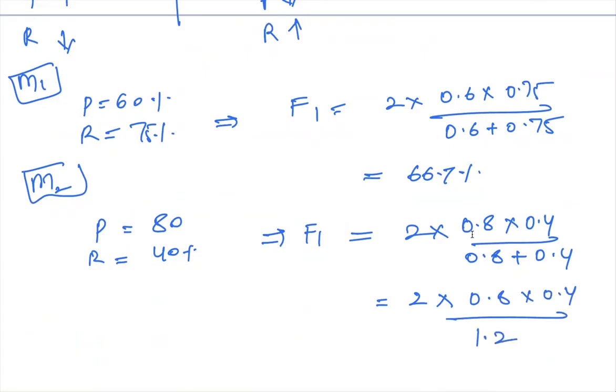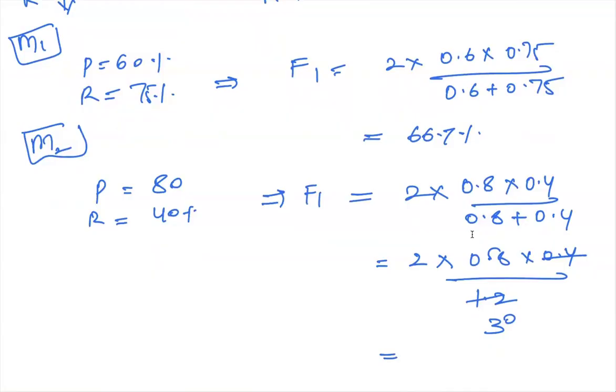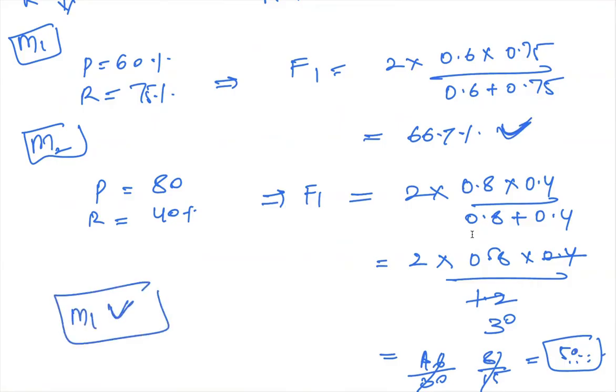This will be somewhere around 50% or even less than that, because this will be 16 by 30, so 8 by 15. Anyway we know that model 1's score is higher, so we know that model 1 is actually performing good.